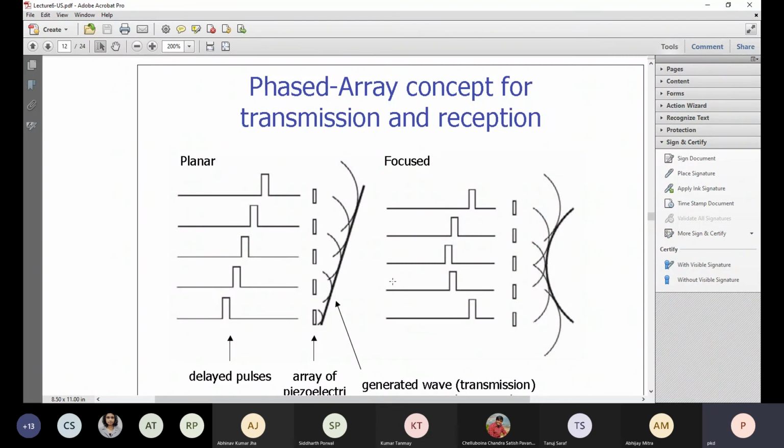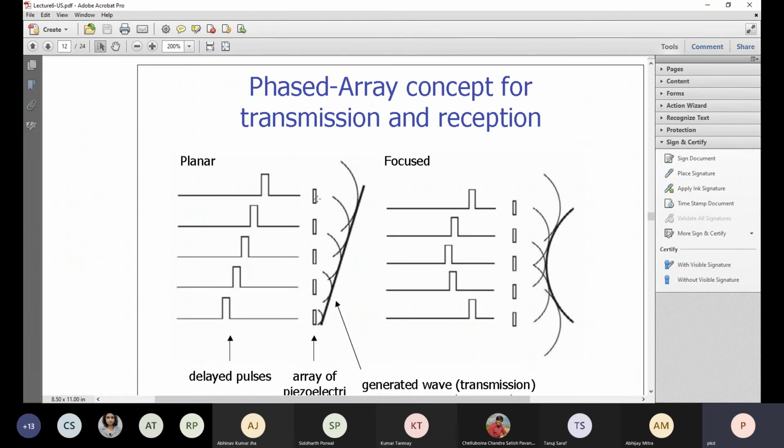Now, this pulse wavefront management or energy distribution management can be done by appropriately introducing delays corresponding to various positions of the transducer, either for receiving purpose or for transmission purpose.